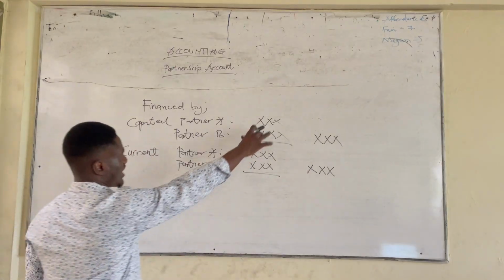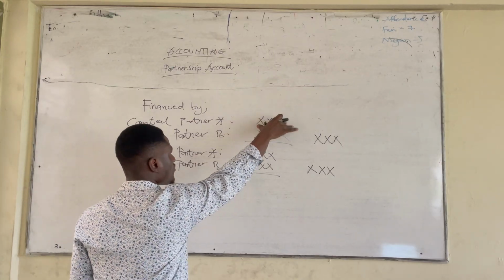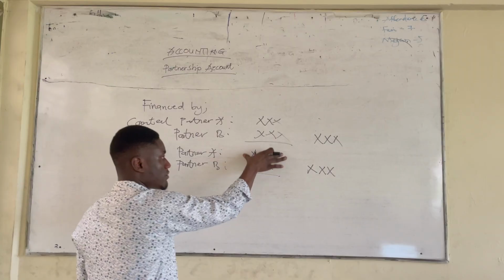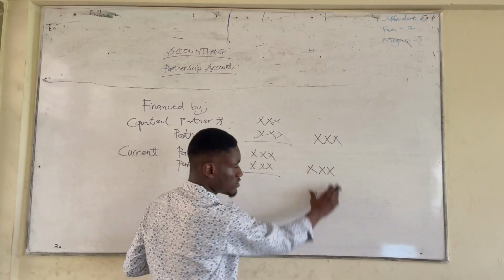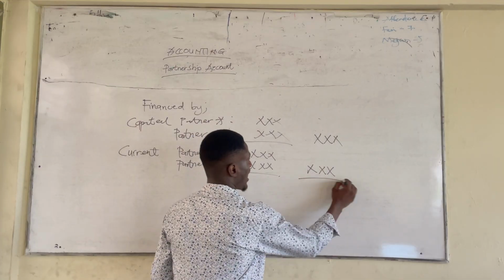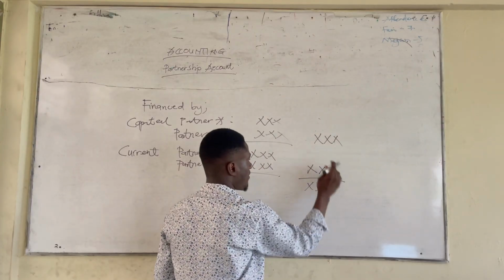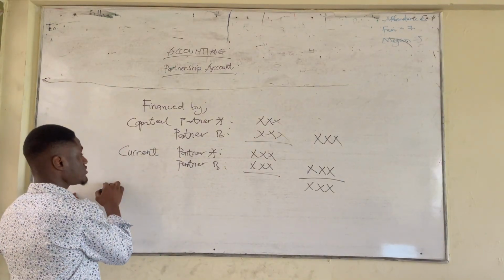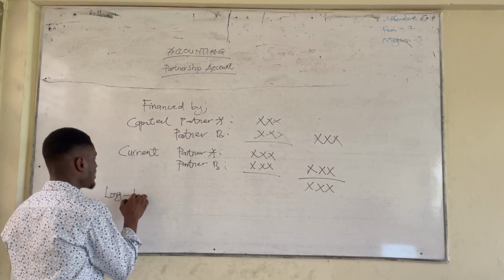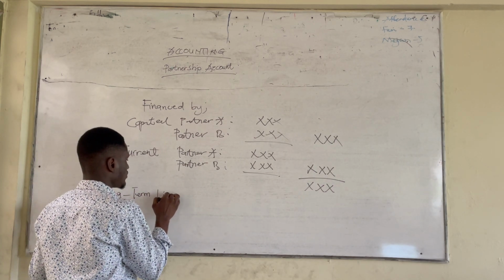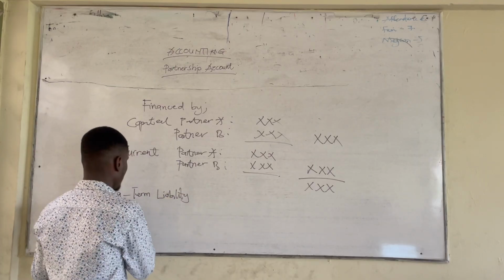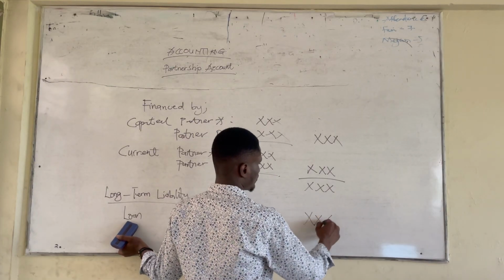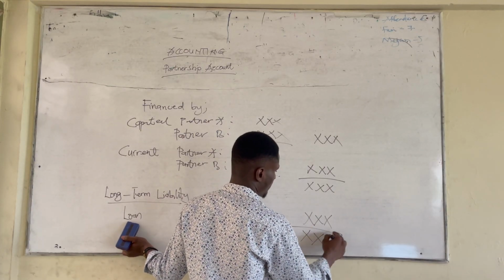Good. So after writing our capital for both partners and the current balances for the partners, we add them and bring them here. We add them again, these two amounts, we will bring them here. So if there is any long-term loan, long-term liability, we will bring that one to add to that amount. So we are getting this amount.